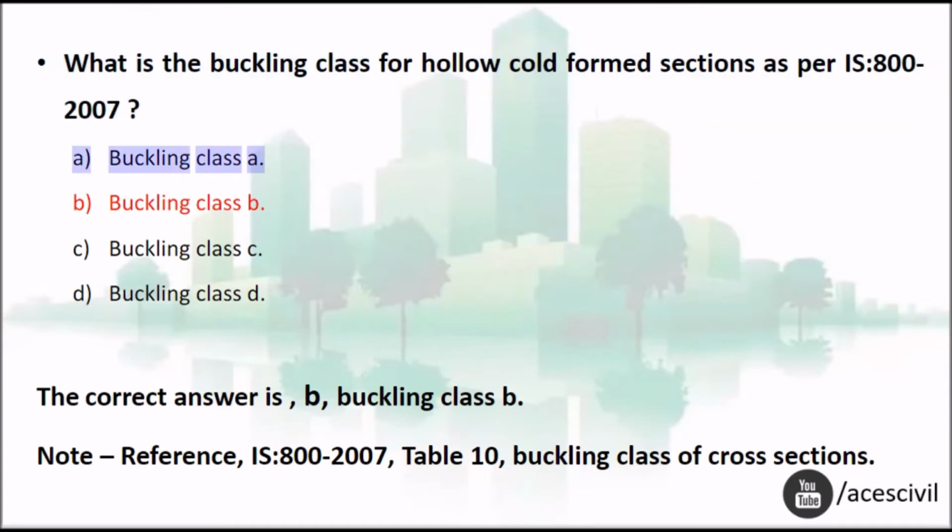A. Buckling class A. B. Buckling class B. C. Buckling class C. D. Buckling class D. The correct answer is B. Buckling class B. Note reference is IS 800-2007, Table 10, Buckling class of cross sections.